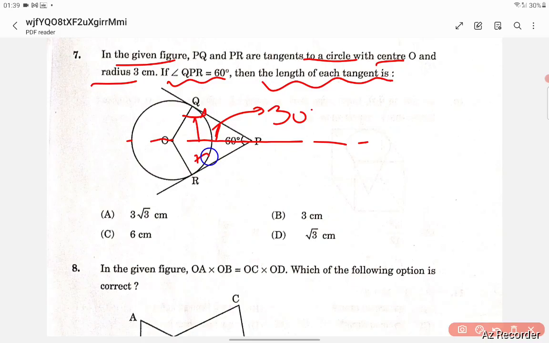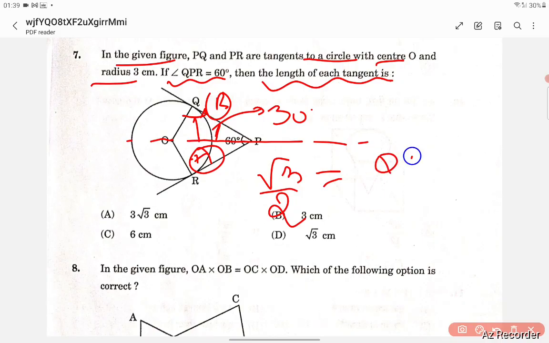So this will be our hypotenuse, and this will be the base. Cos 30 is root 3 by 2. Root 3 by 2 is equal to base upon hypotenuse, that is QP upon, oh wait, we can also use another one, right?